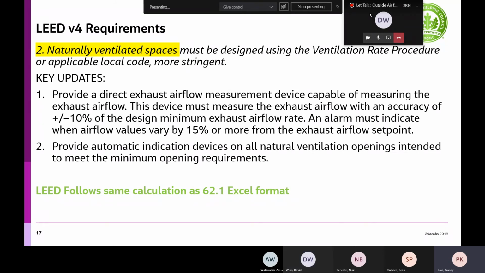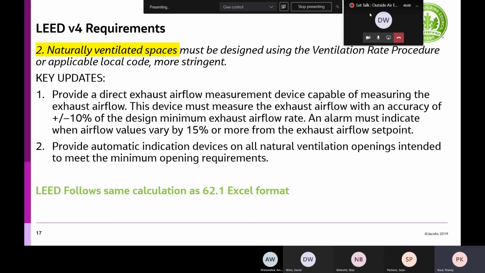Okay, so if you want to find out the outside air calculations, according to ASHRAE 62.1, they do have an Excel program which helps you determine for every zone how to find out this calculation, and LEED follows the same protocol.